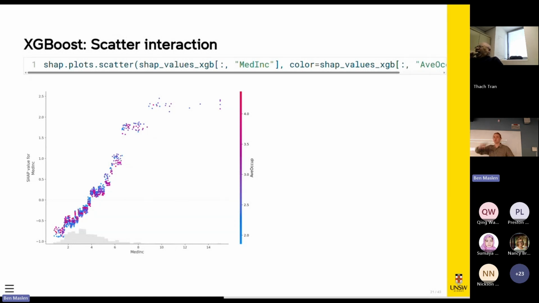So it's this inverse relationship as we change the median household income, right? So this is an example of an interaction effect that you can pull apart using SHAP values.